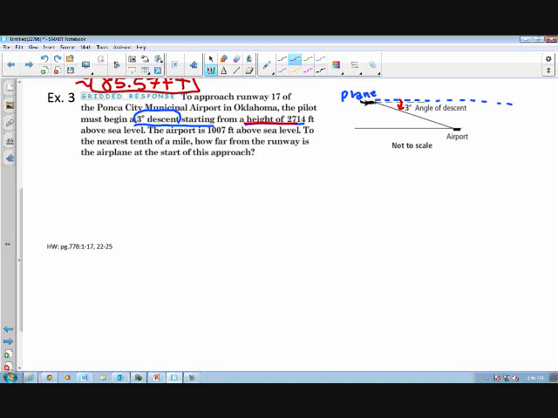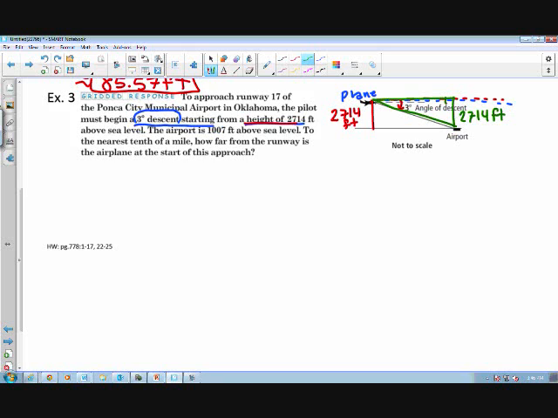Okay, so right here, the airplane, again, is 2,714 feet. Well, I have a question. Since this is parallel to the ground, if we're going to use SOHCAHTOA, we need a right triangle. So since this is parallel, could I draw a right triangle and say that the airport is also 2,714 feet above that natural line of sight?